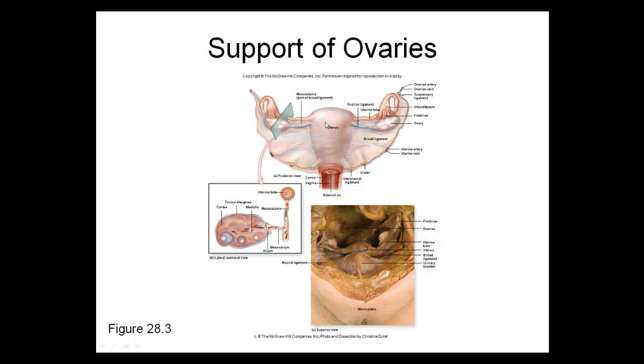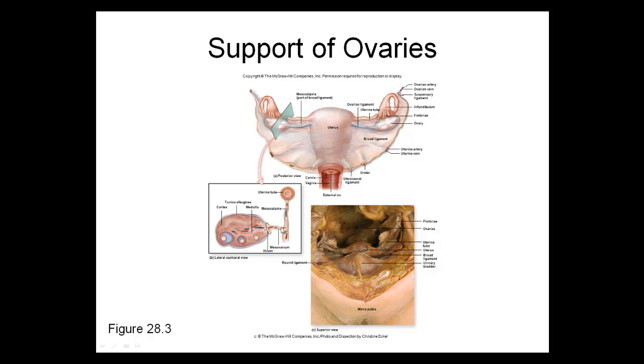Now we have 2 additional ligaments. If we look at the broad ligament, you will see here's the posterior aspect. We just made a section this way, and now you're looking at this section, at this plane. Here's the broad ligament, and the broad ligament folds anteriorly, pouches anteriorly to cover the ovaries, and then turns posteriorly again to unite with the broad ligament.